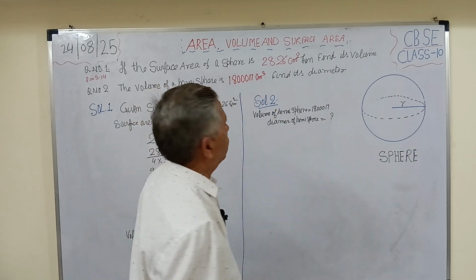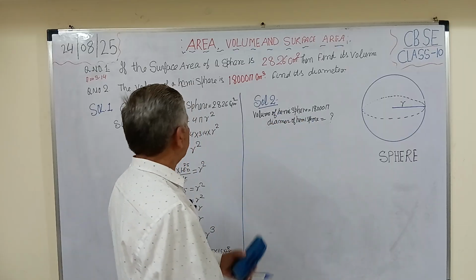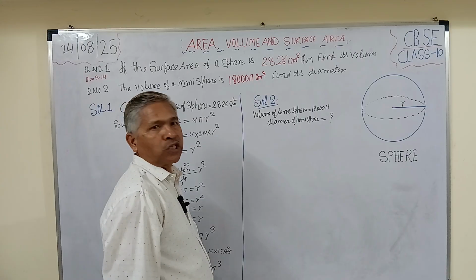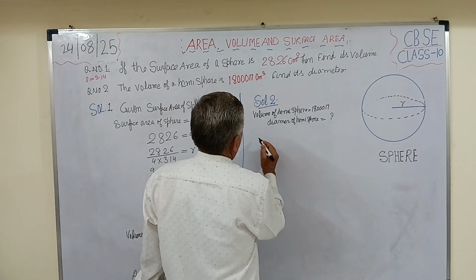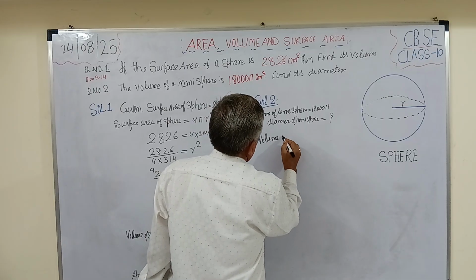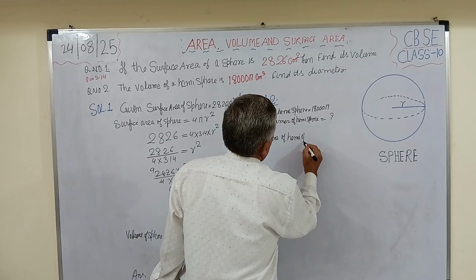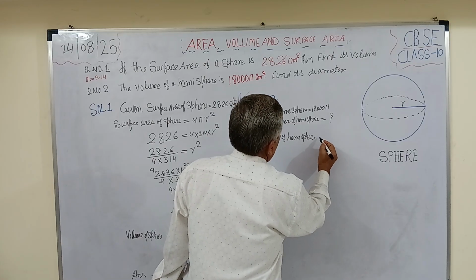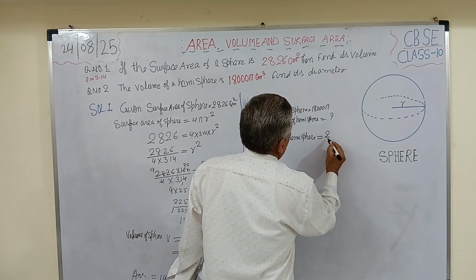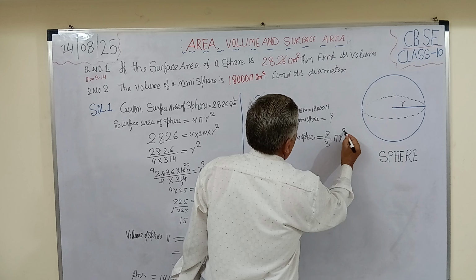Now we will use the formula: the volume of a hemisphere is half of the volume of a sphere. So the formula is 2 by 3 pi r cube.